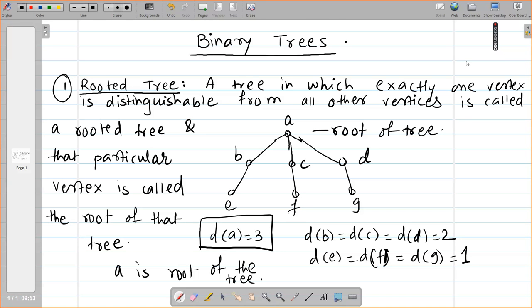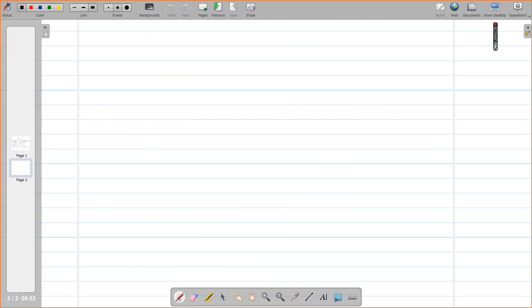Girls, have you finished writing this? Yes, ma'am. Now we will move to binary trees actually. So you said binary means 2, right? So from every vertex, 2 branches will come out. That is called a binary tree.